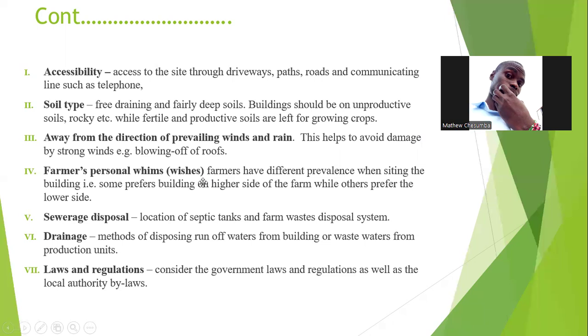You construct your farm structure according to your wish, where you prefer the site to be. Then sewage disposal. You locate the septic tank and farm waste disposal system away from the homestead where you live, to avoid bad odor. And then the drainage method, the methods of disposal of runoff water from buildings or wastewater from production units.